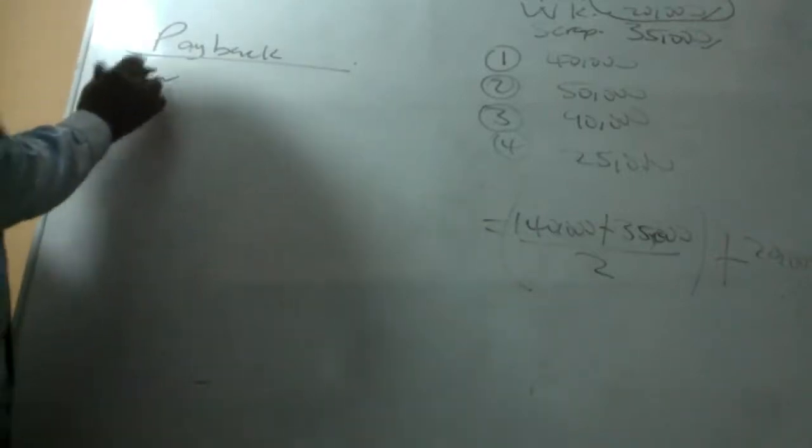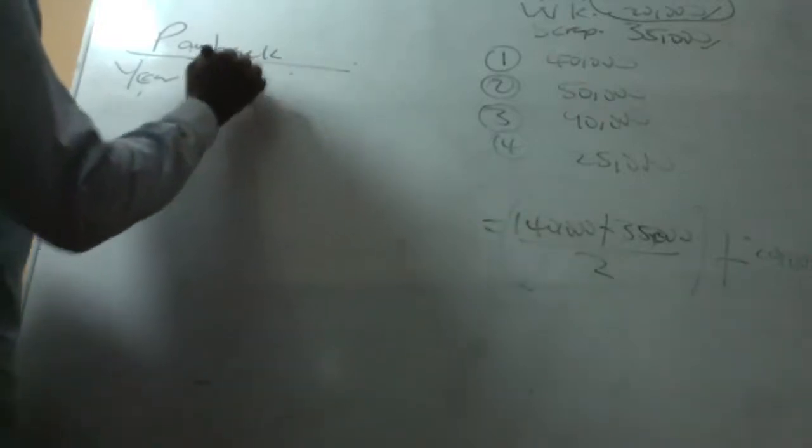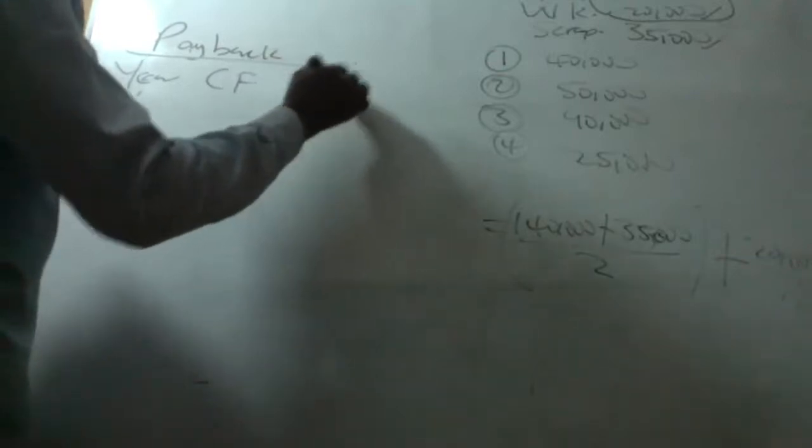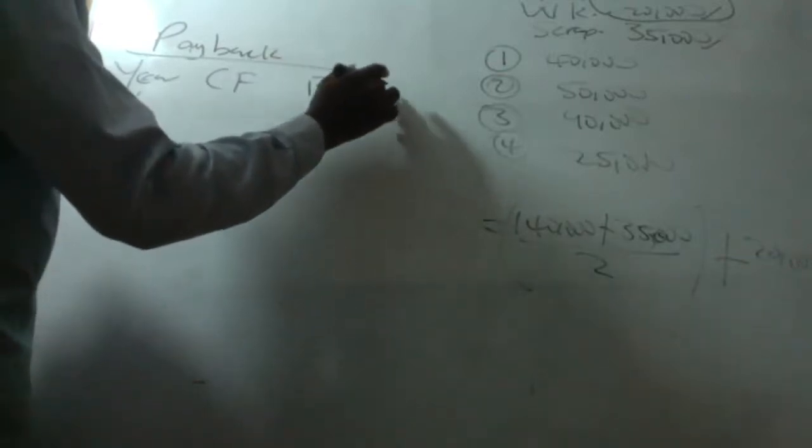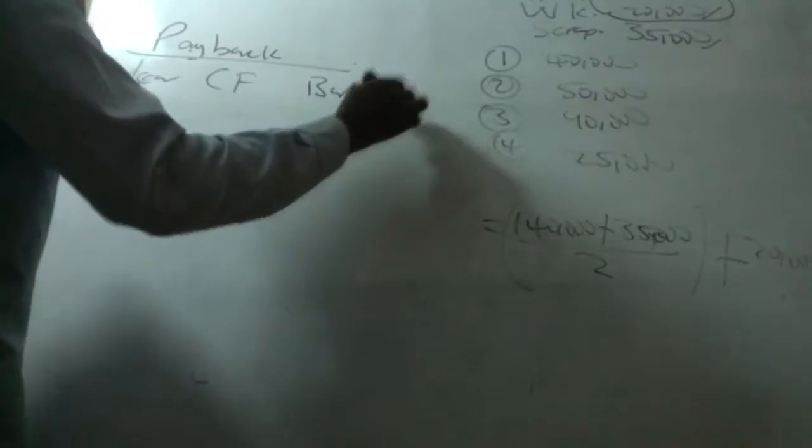So payback period. Now, as usual, here, cash flow. Then what again? Balance. Let's write cash flow, then balance. Good.